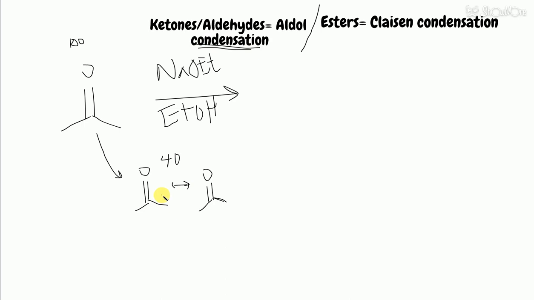That is a condensation. And so the reason why this self-attacks is, as I just explained, I have some of these guys with the negative charge, and I have some of these guys which are the electrophile. So now I have both a nucleophile and an electrophile, and they happen to be the same molecule, just different forms of the same molecule. One is deprotonated, one is not. And so this will attack itself, right?